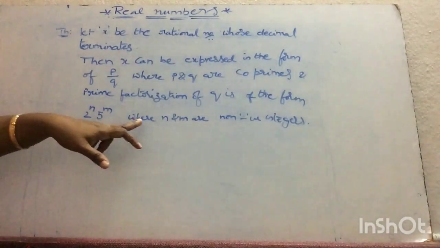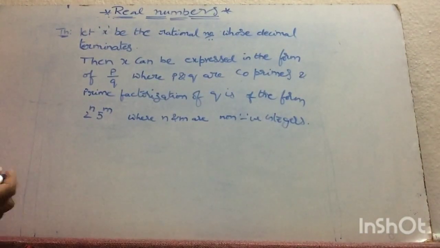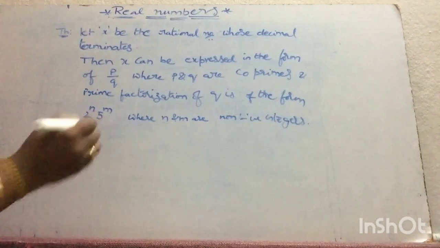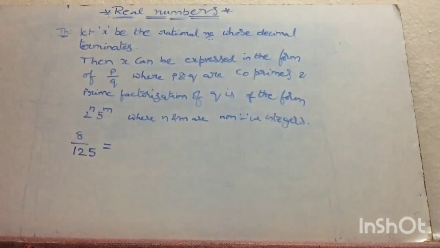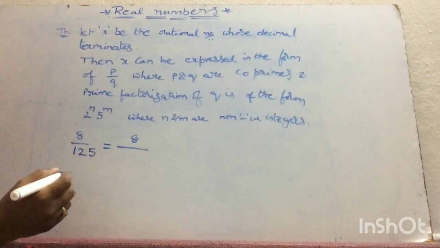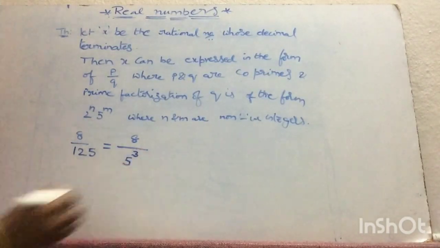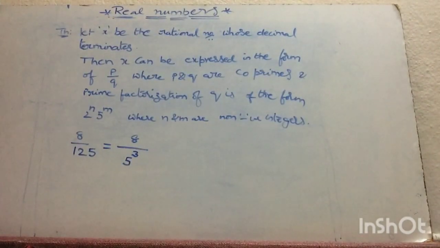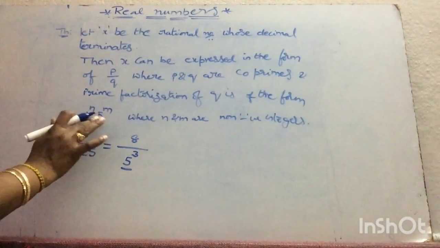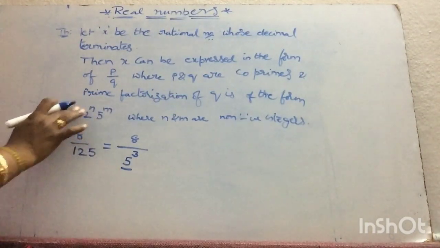Now we will see examples of this theorem. I will take the value 8 by 125, which means 5 cube. Here only the 5 power m value is there, but the 2 power n value is not there.